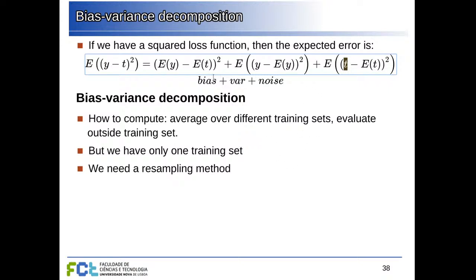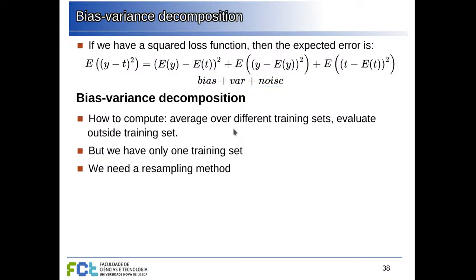So if we disregard the noise in the actual data, because that is not relevant for adjusting the model or choosing models or understanding what the models are doing, we can consider that the error will be the sum of this bias and variance.